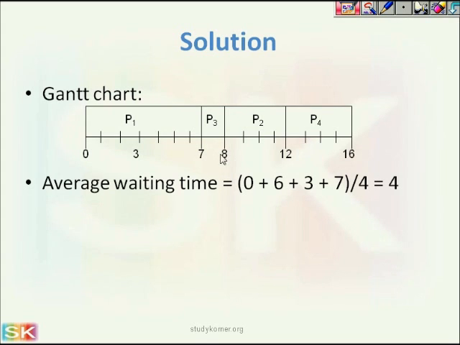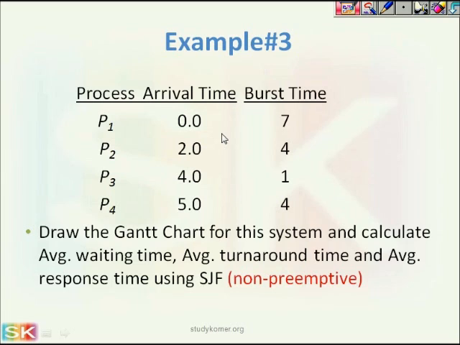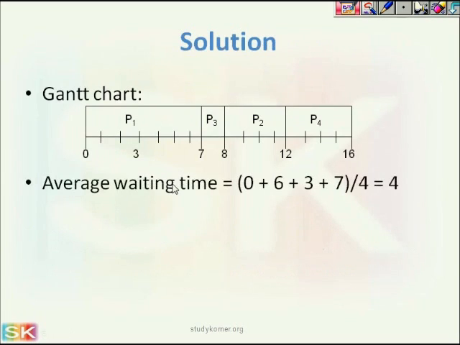So it has waited from 2 to 8, that is 6 seconds, right? P3 arrived at 4 seconds and it got the CPU at 7 seconds. So its waiting time is 7 minus 4, that is 3.